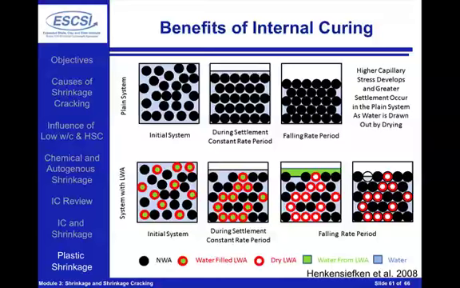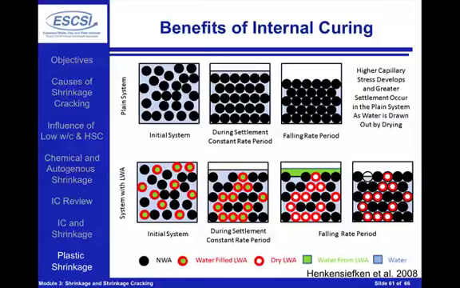Well, internal curing really comes into the system if we compare the top system, which is a plain system, and the bottom one, which is the internally cured system. In the top system, what we'll notice is that we have a system where the cement particles tend to be fairly randomly spaced. As we start to settle, we'll notice that they start to consolidate.